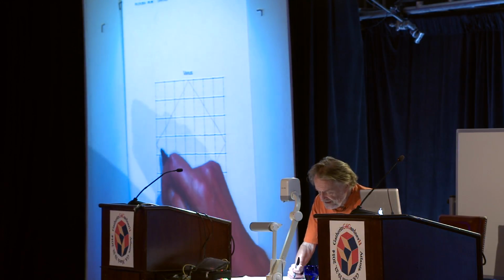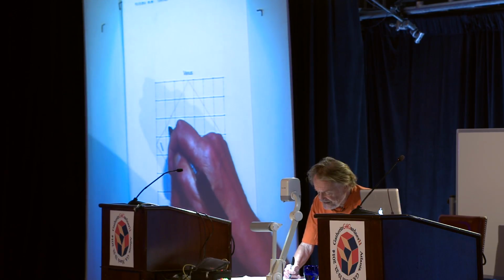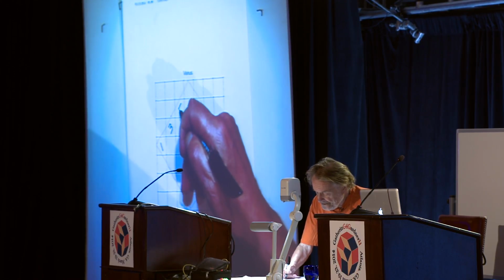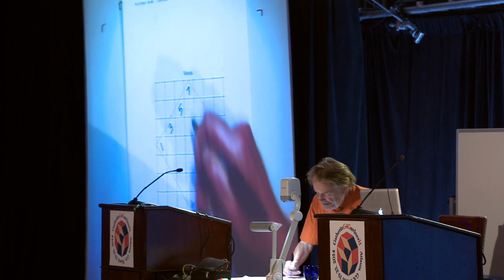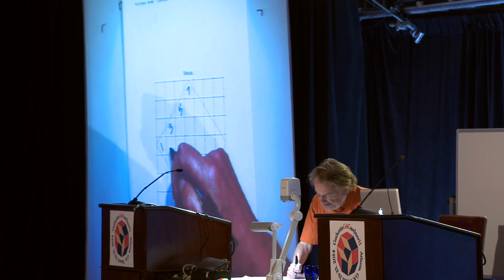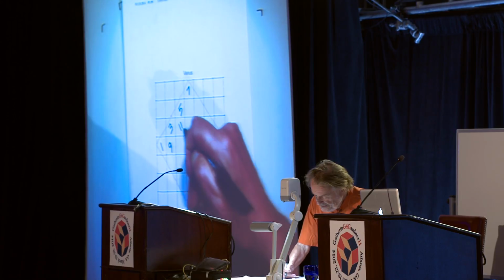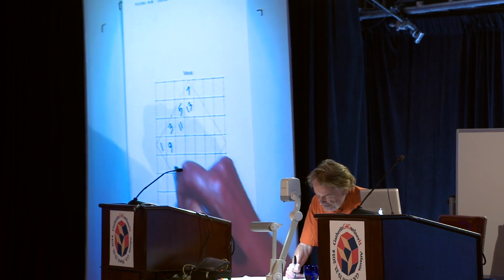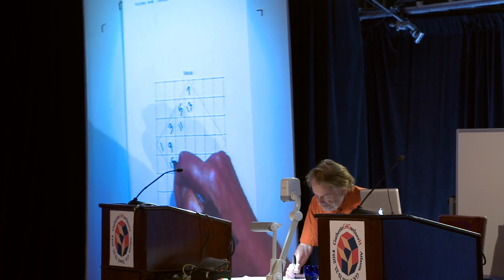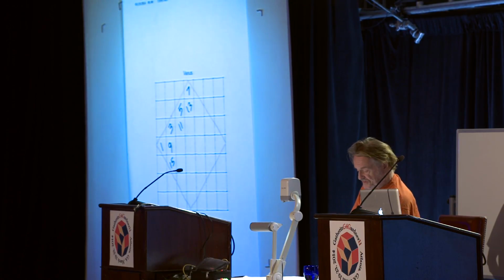I call this the odd diamond method. You write all the odd numbers, I'm slanting them rather deliberately, in this diamond, in the usual sort of order.